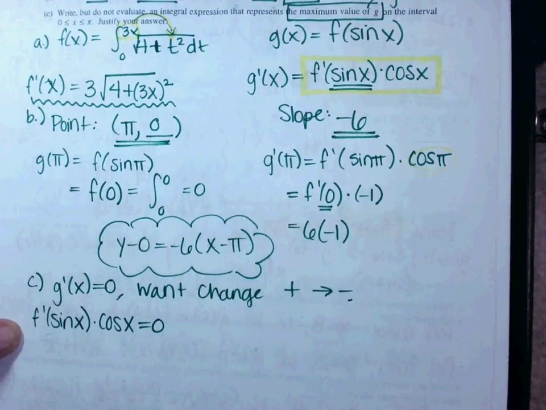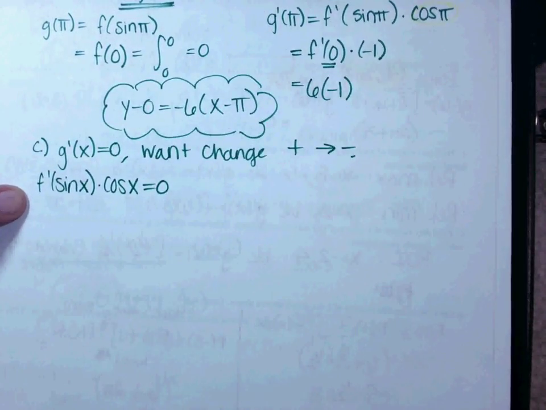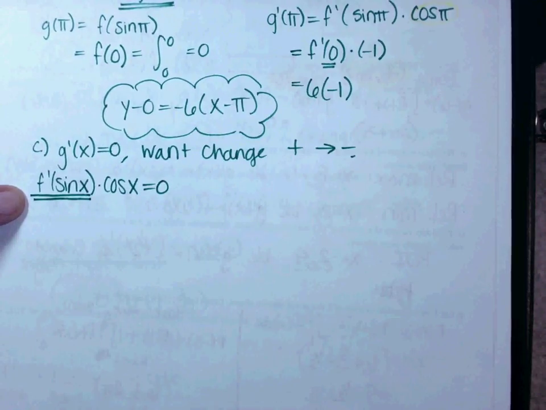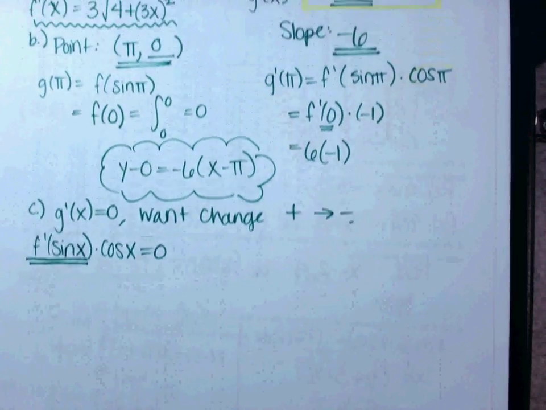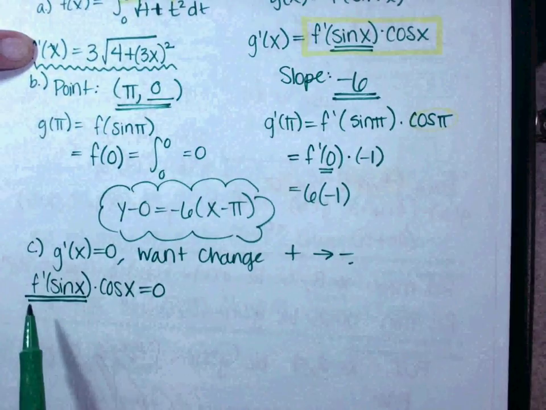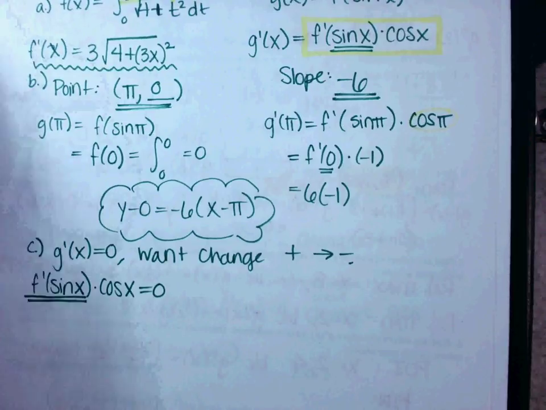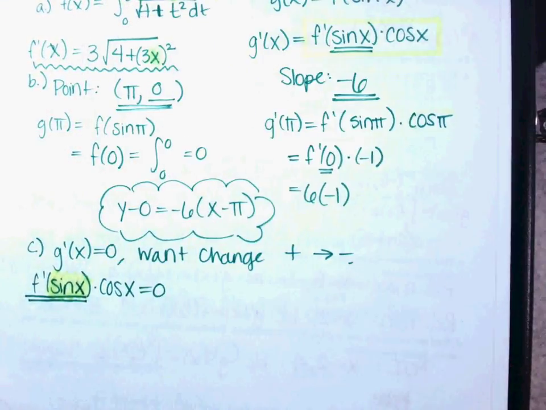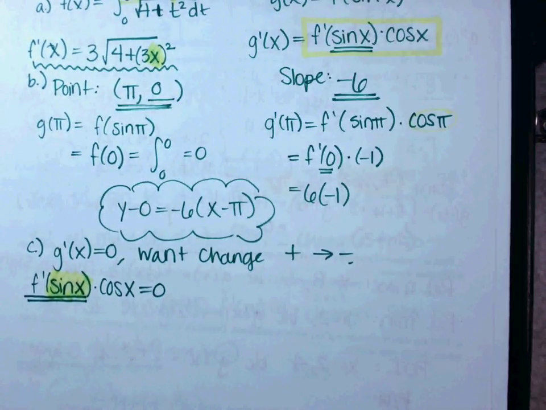Now, if I want to set this equal to 0, I need to replace this with something more algebraic. So what is f prime the same as? We did it up here. It's this, right? So if I want f prime of sine x, where am I going to plug in sine x? Into the x, right? Why did we set it equal to 0?